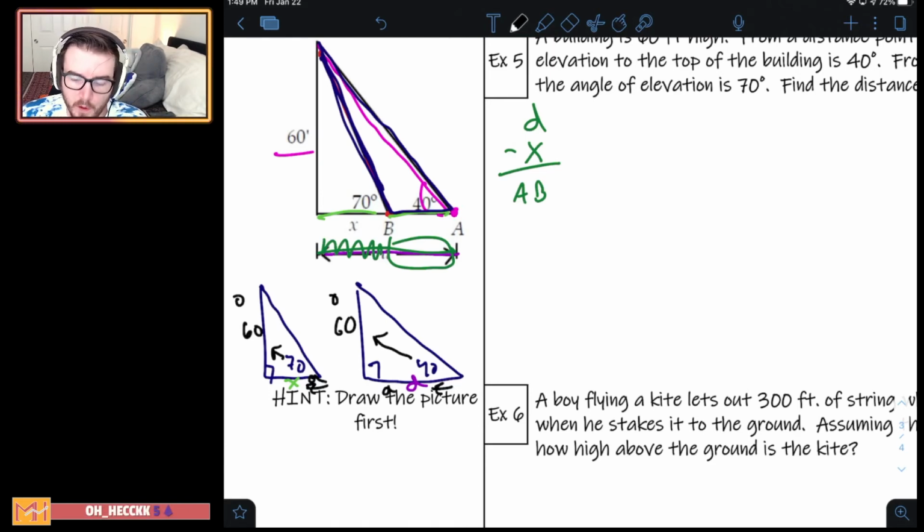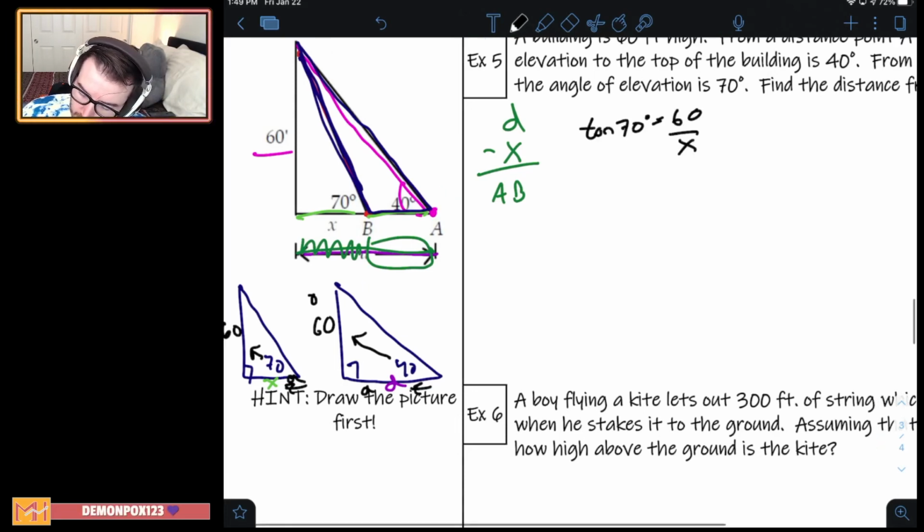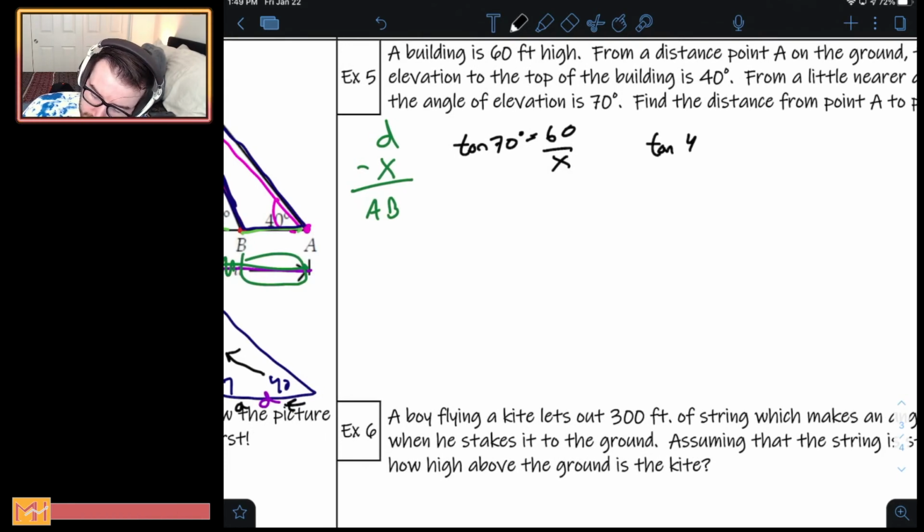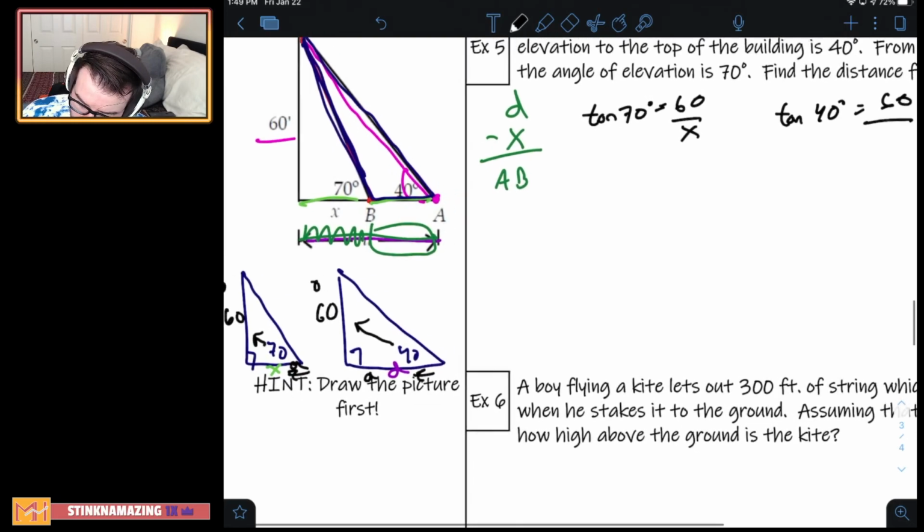So we're doing tangent both times. So tangent of 70 equals 60 over X, and tangent of 40 equals 60 over, what's the letter? D.